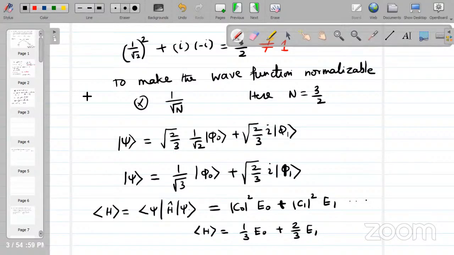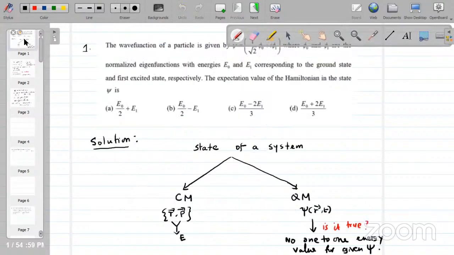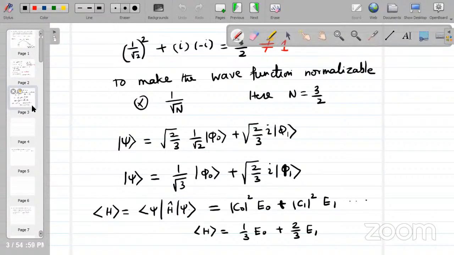So this is the expectation value of the Hamiltonian. So what is the option here? Yeah, option D: E naught by 3 plus 2 by 3 E1. I think this is one CSIR problem. You remember the CSIR exam, where I took this somewhere. They have taken the whole question with options.